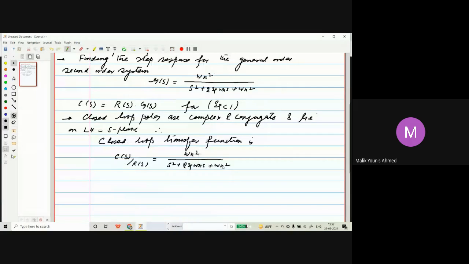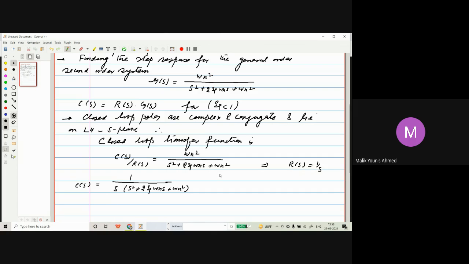Now, because we have step input here, R of S will be 1 by S. We are using step input. So therefore C of S in this case will be omega n square divided by S into S square plus 2 xi omega n s plus omega n square. So this is what we are getting.